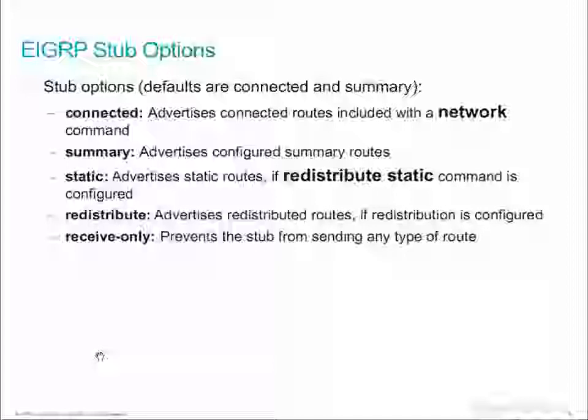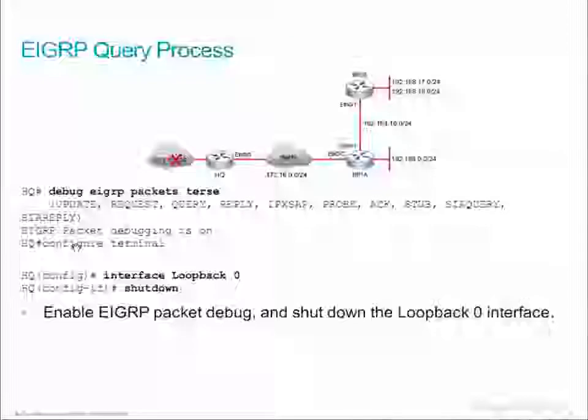What you're seeing on the slide here is a representation of all of the different options that I can include in the stub feature. So if I come into BR1A and I set BR1A as a stub, HQ will never query BR1A, and BR1B will never query BR1A if it loses routes.